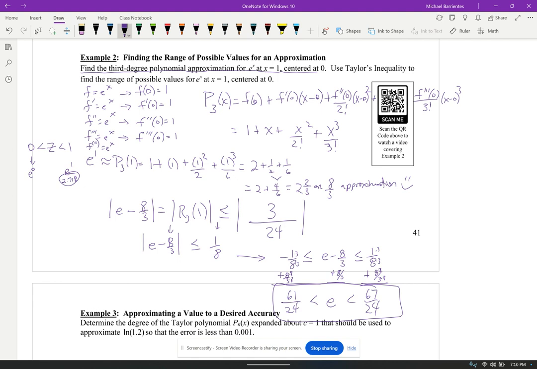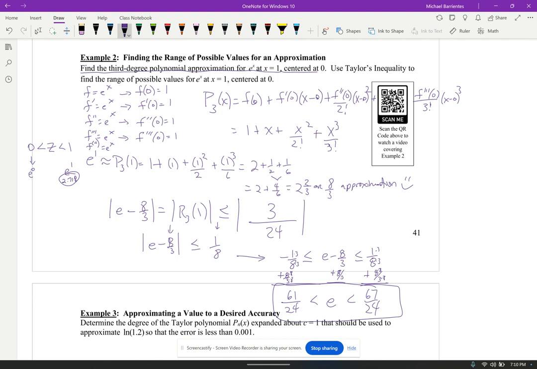And in doing so, using the idea that the exact value minus my approximation has to be equal to the remainder, which is less than this number, I'm able to get a range of values that e to the x could be, and it is.